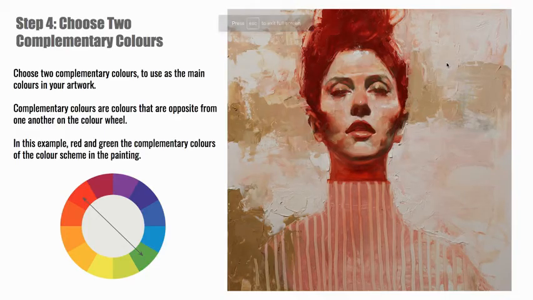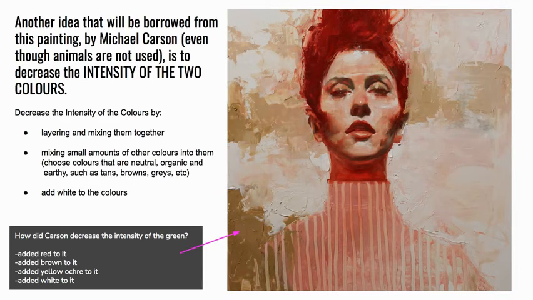Red and green, complementary colors, 2 colors right across from each other on the color wheel. Now you can use tertiary colors too. For instance, yellow green would be right here, and its complementary color is, boom, red violet. So you can use tertiary complementary colors also.